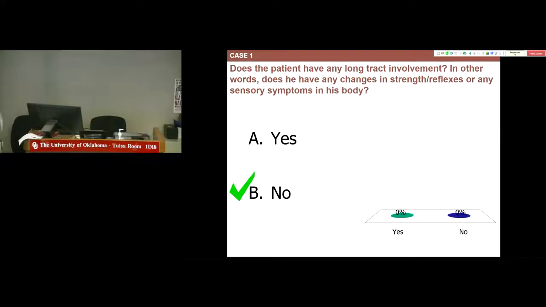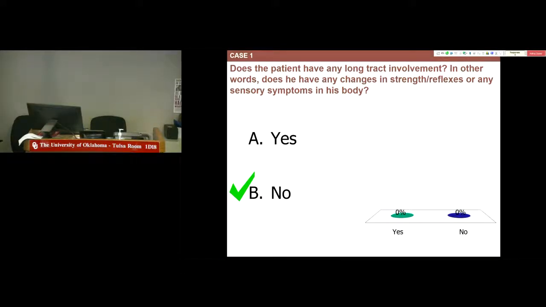So what we need to differentiate here is, does he have issues? The corticospinal tract is for strength and reflexes. So when we're talking about body involvement in this case, does he have any long tract involvement? That's referring to strength, reflexes and sensation. So this is cerebellar stuff, right? It's also the day we're talking about the cerebellum.